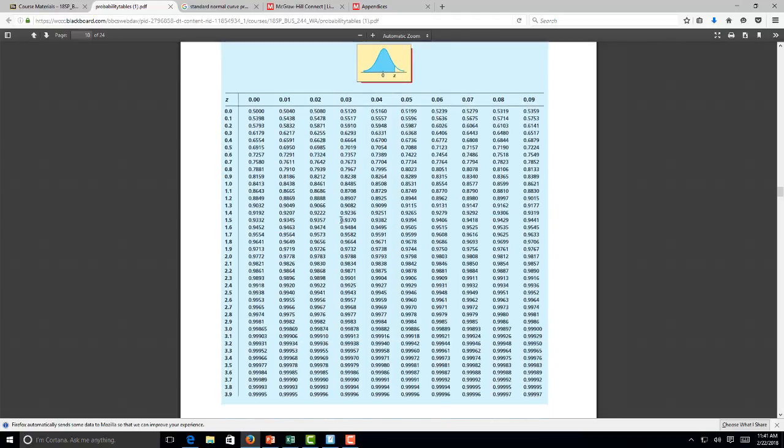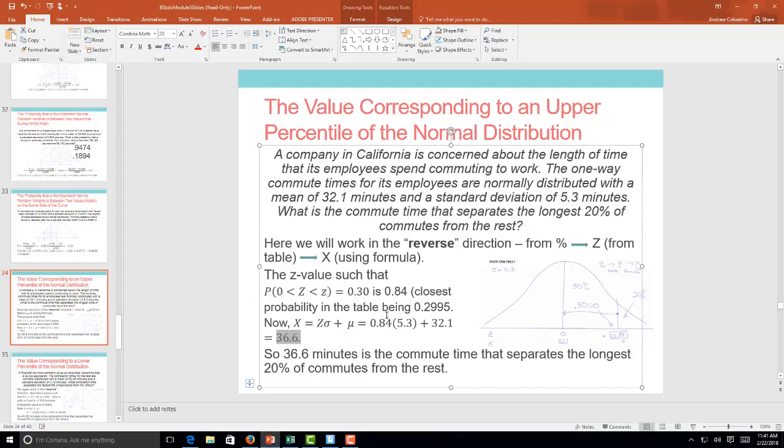What we want to find is the probability that is closest to 80%. As I'm going down the list, I see it's this one here, 0.84. So it's the same z-score that we had, 0.84. Plug it into the formula, and we get 36.6. So same thing, but our starting point of finding the z-score is slightly different.